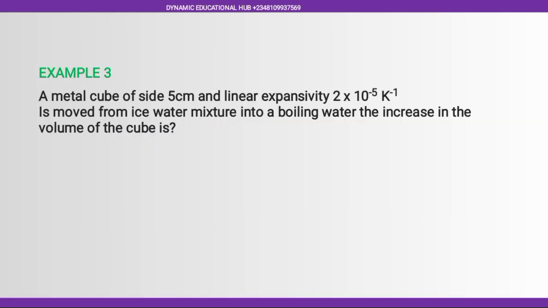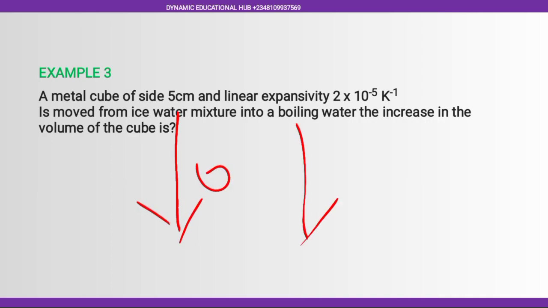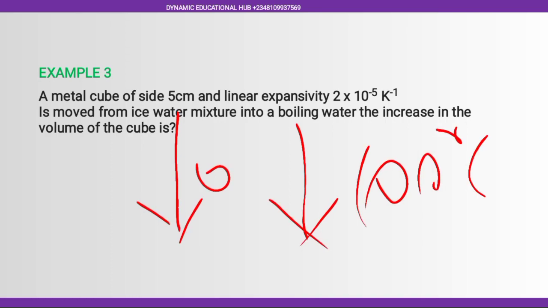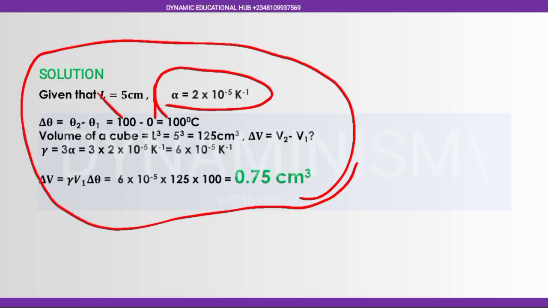Let's look at the question again. It's moved from ice water mixture. The freezing point of ice water here is what? 0, and the temperature of boiling water here is what? 100 degrees Celsius. That is where I'm getting my 0 and 100 from. Now, theta 2 minus theta 1, 100 minus 0. So you get 100 degrees Celsius.